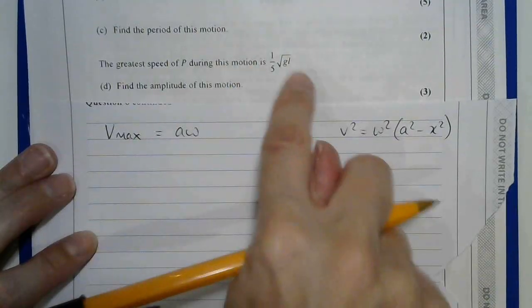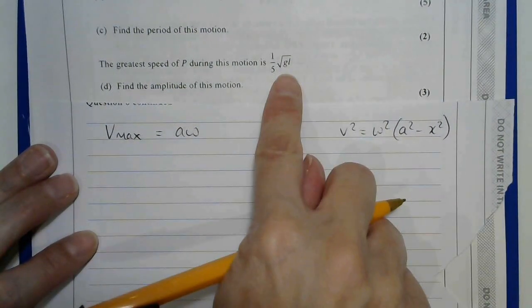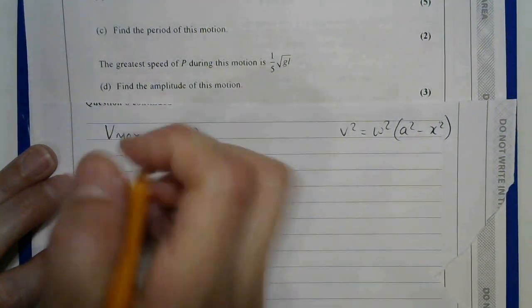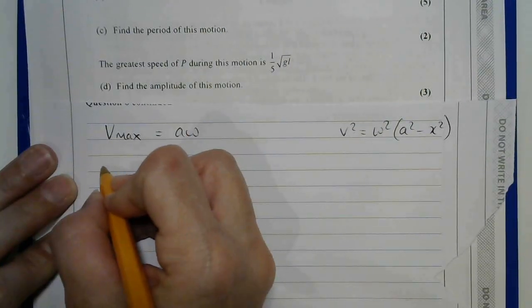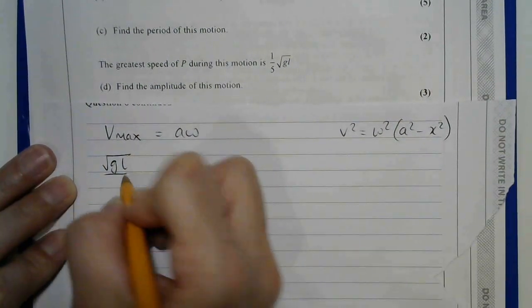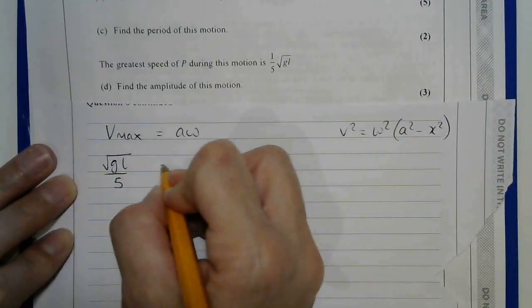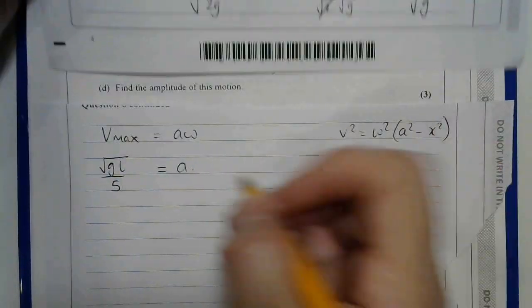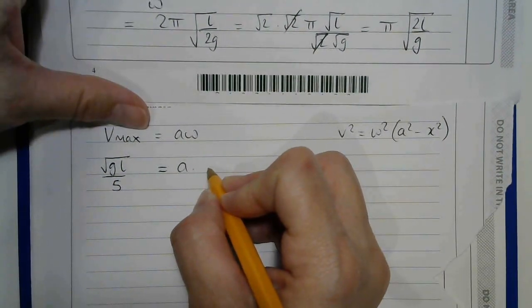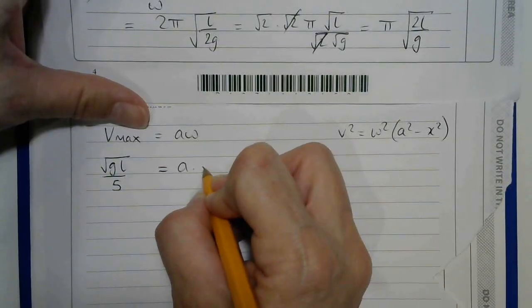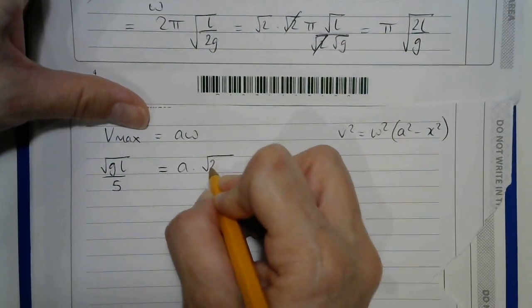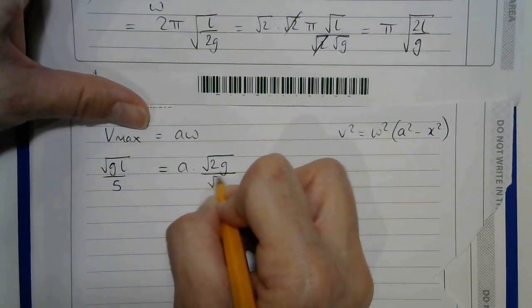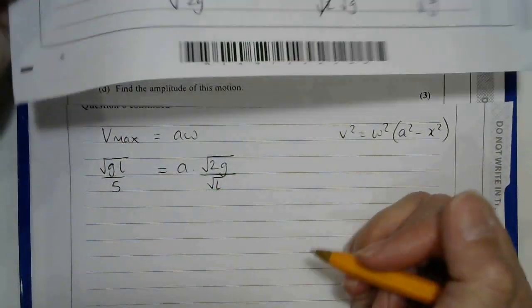They have told me the value of Vmax, so I can put it here. So I've got root GL over 5 equals A multiplied by omega, and looking back, my value of omega was root 2g over root L.